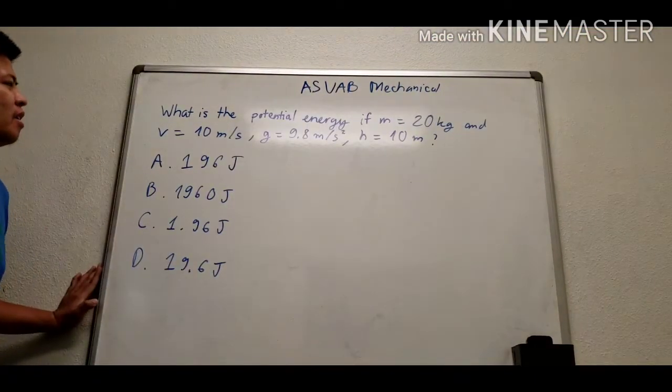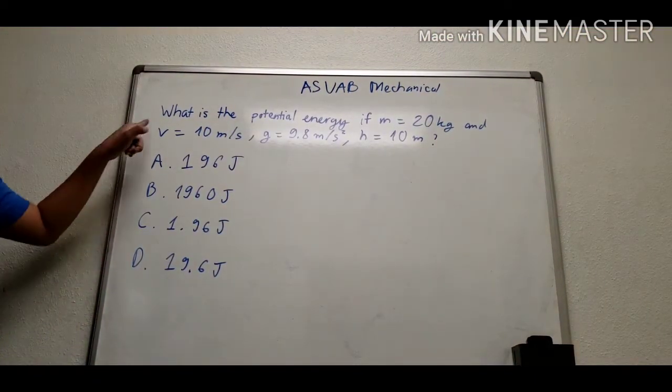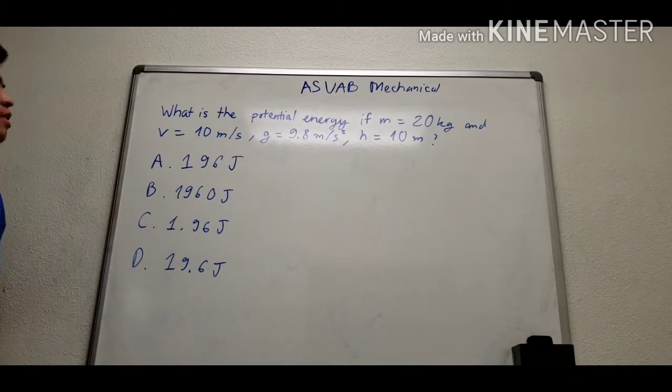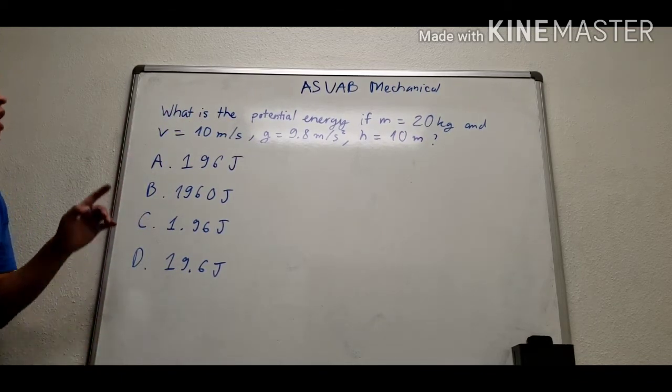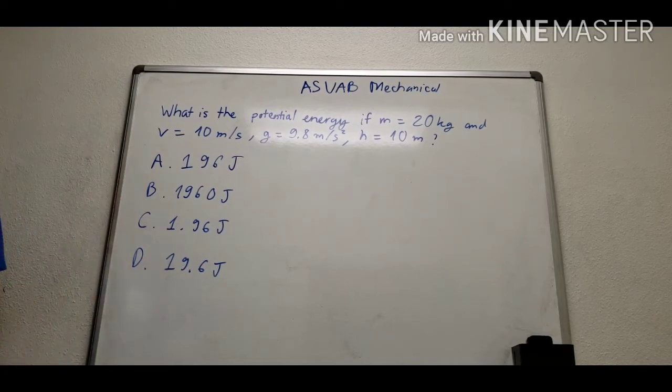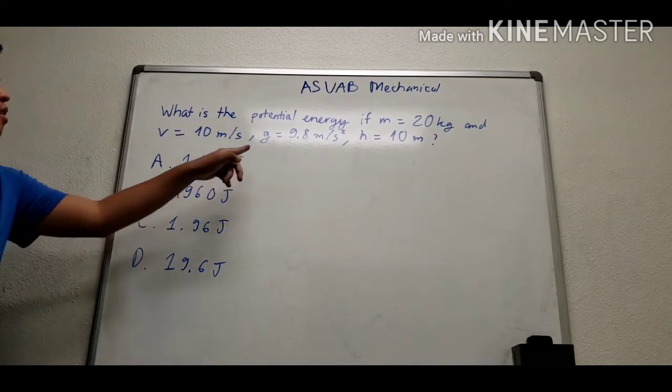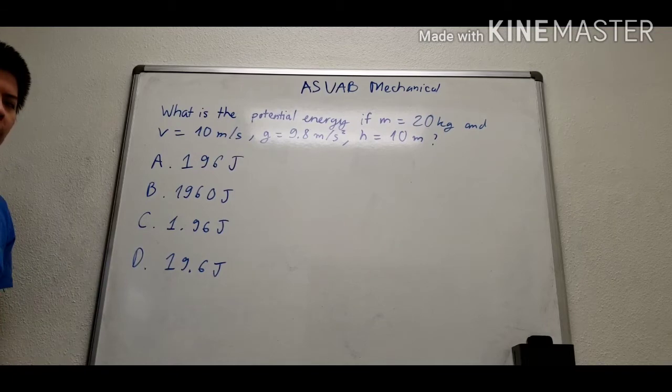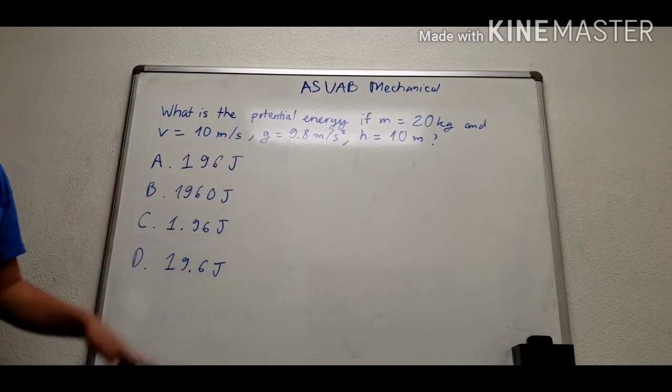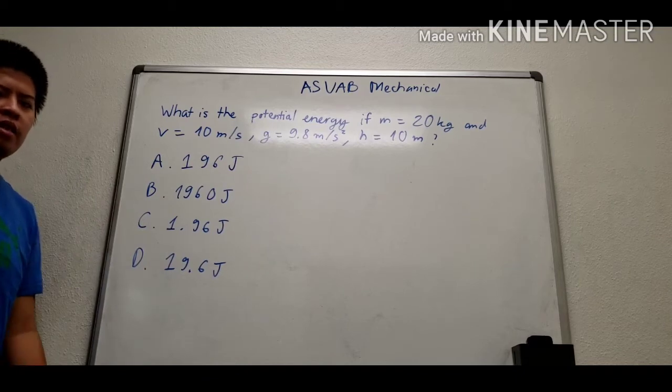To apply another real ASVAB. What's the potential energy if m equal to 20 kilograms and velocity about 10 meters per second? Gravity is about 9.8 meters per square second and the height is about 10 meters.